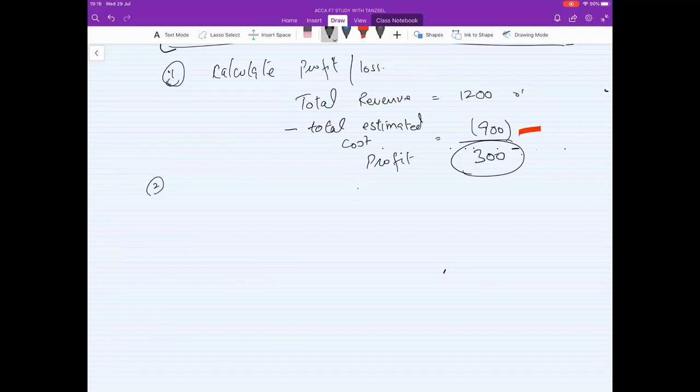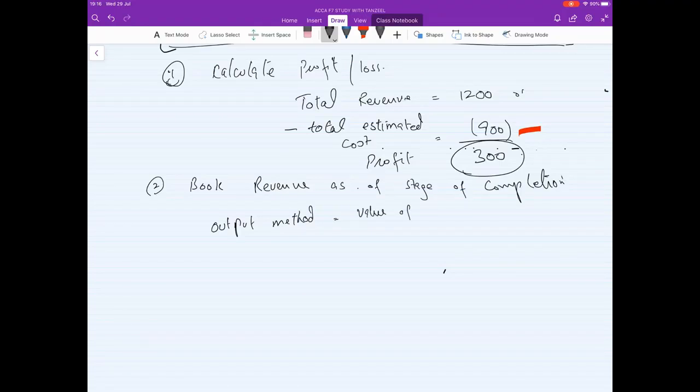Now stage 2, book revenue as of stage of completion. How much has the company done already? The company is using the output method, it's written there. So value of work certified divided by total contract price, into 100 for percentage.